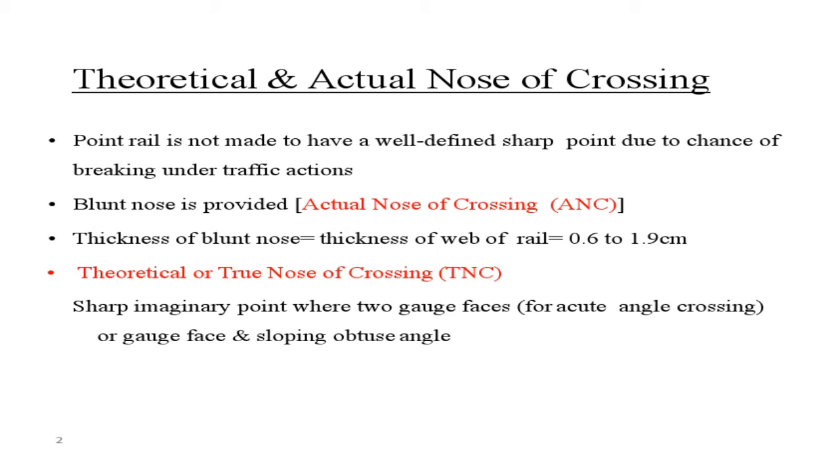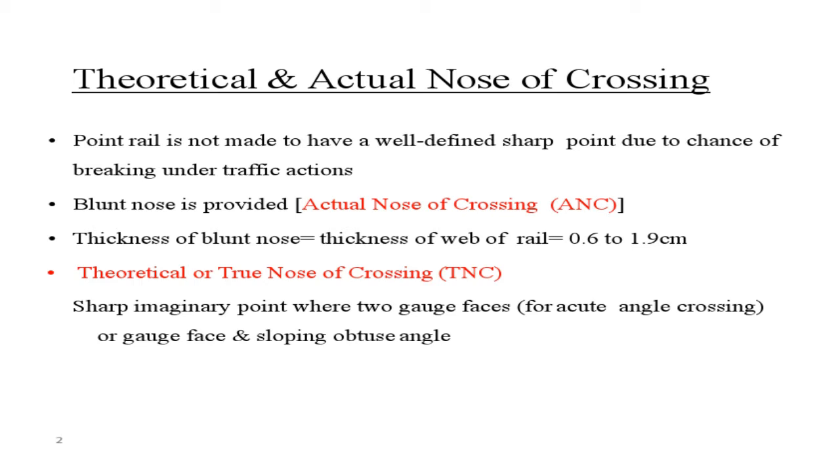So in the actual scenario, a blunt nose is provided, and that nose is known as the actual nose of crossing, which is denoted by the letters ANC. The thickness of the blunt nose is equal to the thickness of the web of rail, which varies between 0.6 to 1.9 centimeters.